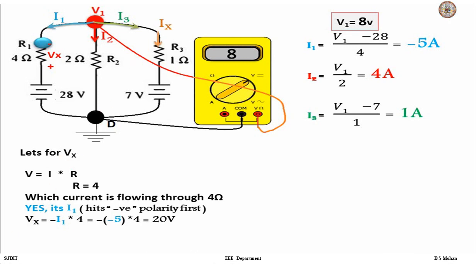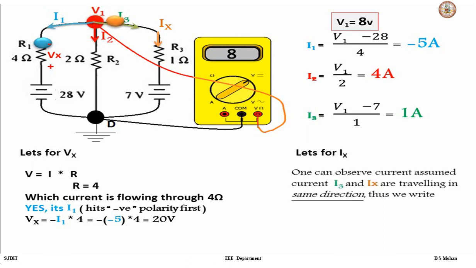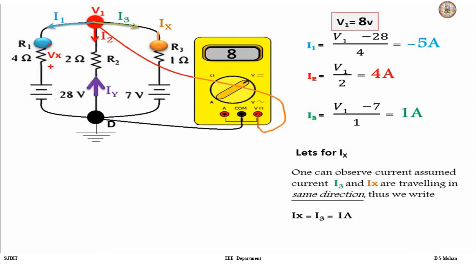Next, let's find Ix. Now one can observe the current I3 and Ix both are flowing in the same direction. Thus we write the equation as Ix is equal to I3, that is equal to 1 ampere. Now let us say that the question is asked to find Iy, right?